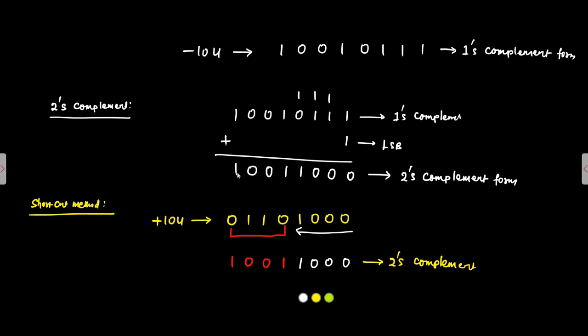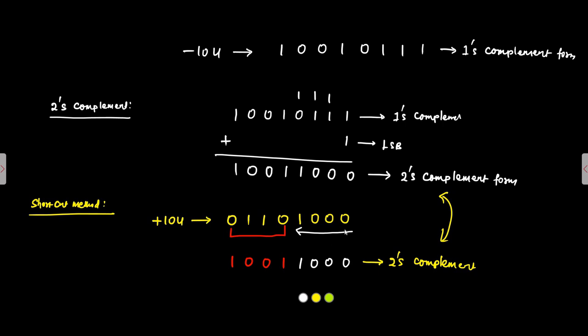It is the same as this, 1 0 0 1 1 0 0 0, and here also 1 0 0 1 1 0 0 0. Same. So this is the shortcut method of calculating 2s complement directly from the positive sign magnitude.